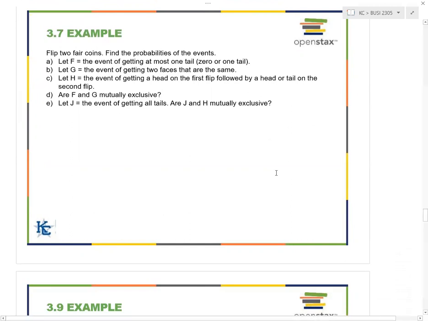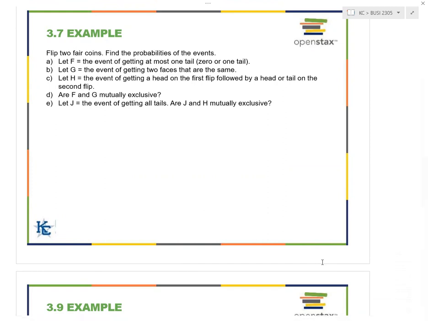I just chose a few examples out of your book. I did not do all of the examples from your book. So if you went back and did your reading, you would see there are many more examples you can work on to test yourself and see that you're grasping the concepts. Okay, so let's jump in and do these examples.